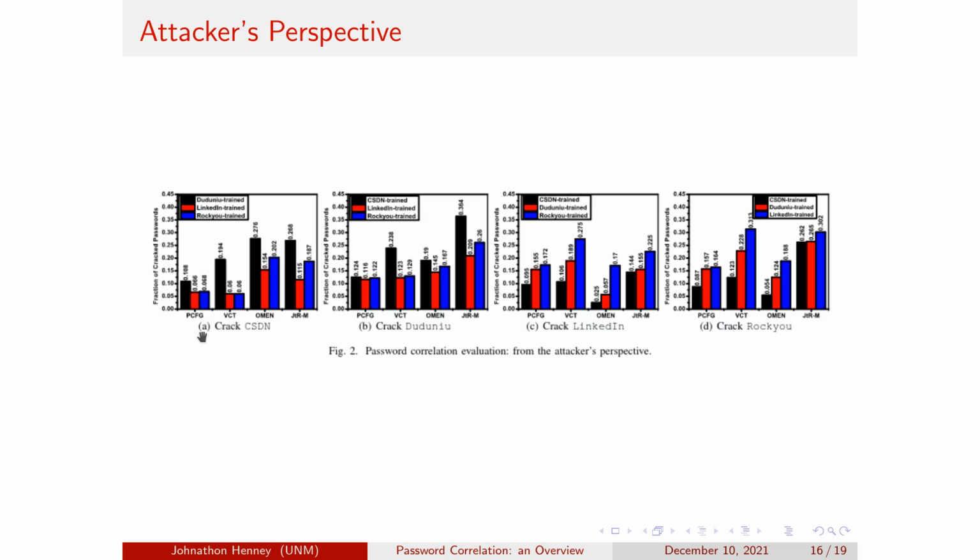And you can see here also that, for example, this Chinese dataset, when it's trained against a Chinese dataset, especially OMEN and John the Ripper, over the Markov model, are very high, almost 25% chance of getting password correlations. And that trend you can see for these two Chinese ones is very high. And then as you go into the American ones, the American correlations are very high.